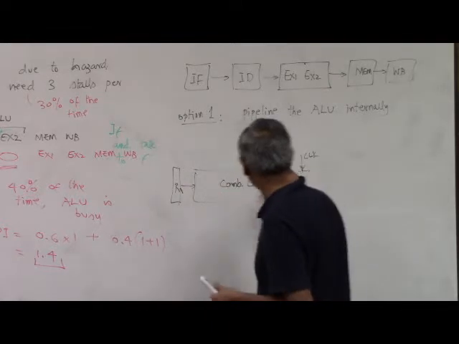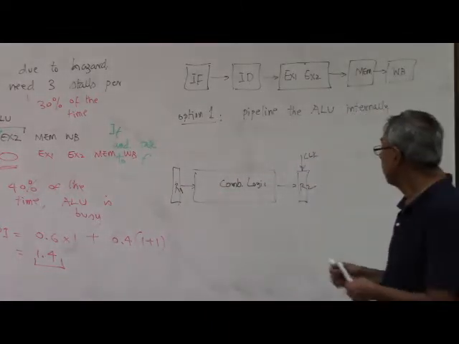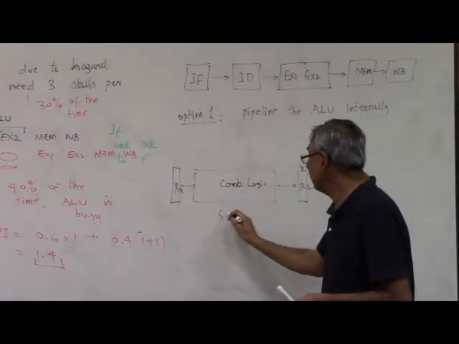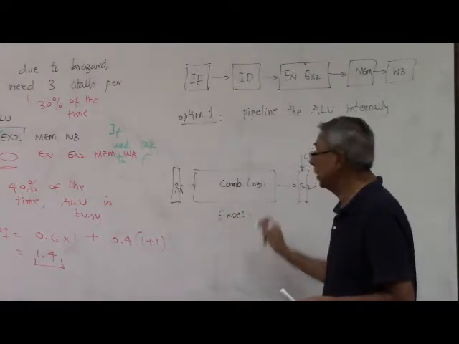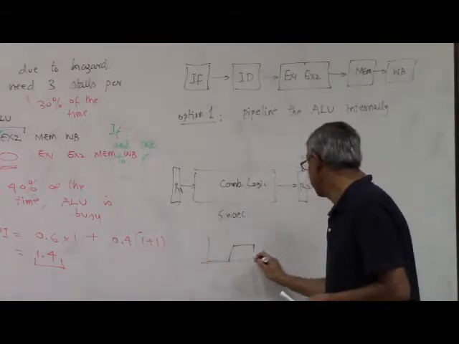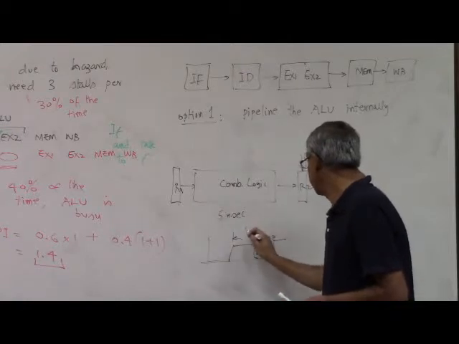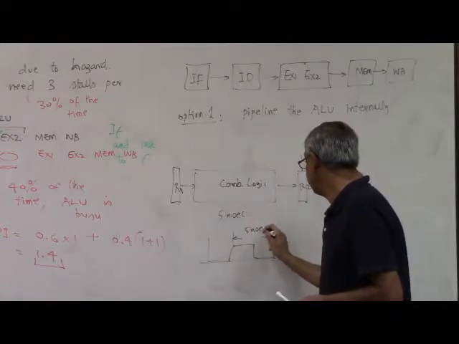Let me call this R1 and this R2, right? So for example, if the delay through this combinational logic is 5 nanoseconds, that means the clock that we have over here has to have a time period greater than 5 nanoseconds.